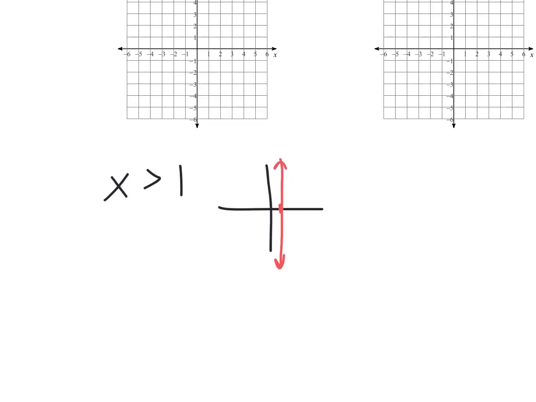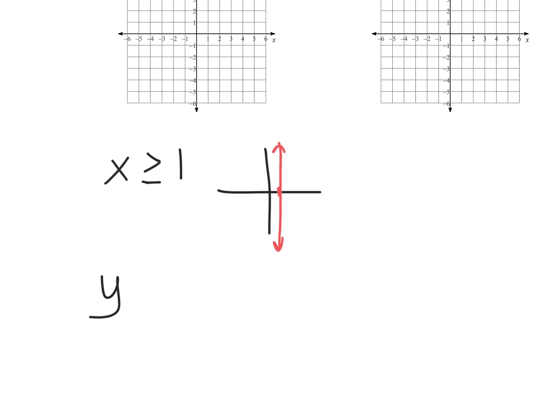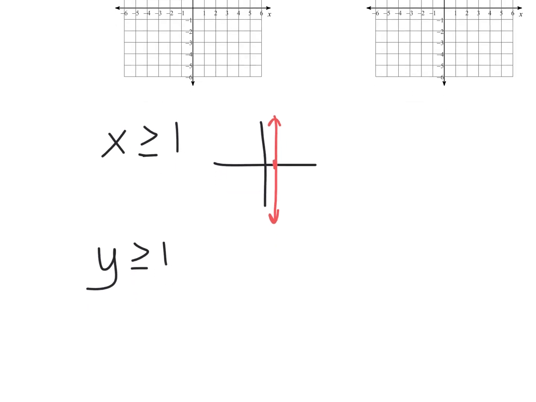Yes, sorry. Let's change it to an equal sign. If it says y is greater than or equal to 1, where's 1 at for the y-axis? 1. And that's the only y value I want to touch. So what way does my line need to go? Horizontal. Put those on your note card.